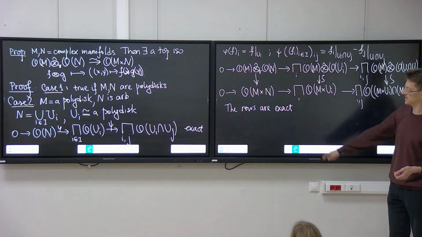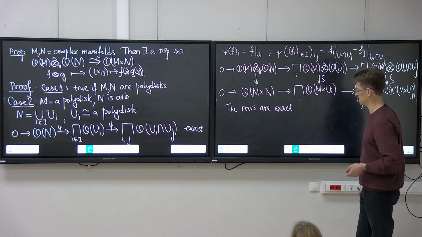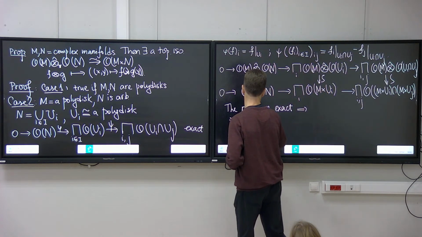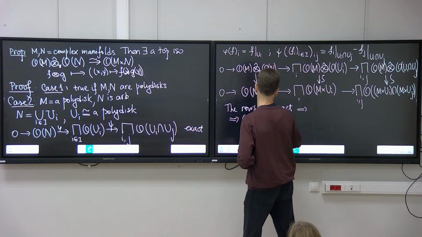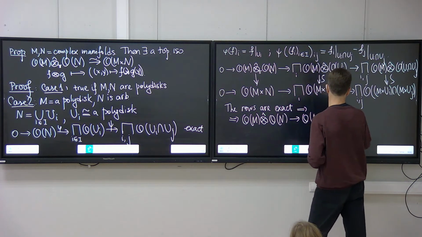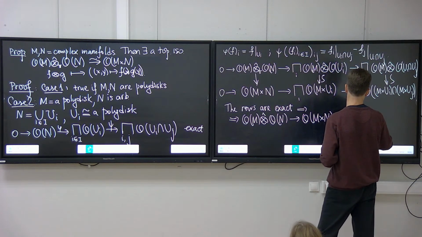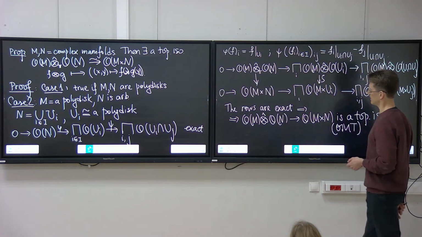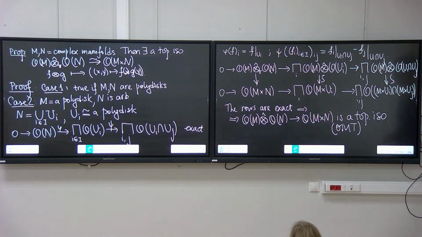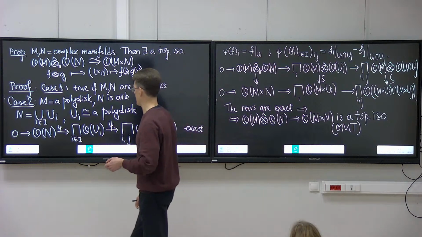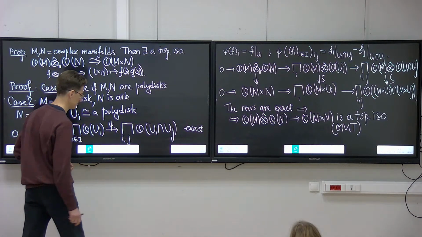And this really implies that this first horizontal arrow is an isomorphism. And actually, it is a topological isomorphism by the open mapping theorem. It is an algebraic isomorphism for obvious reasons, but it is bijective and continuous, so it is a topological isomorphism. So this completes the proof in the case where M is a polydisk and N is arbitrary.